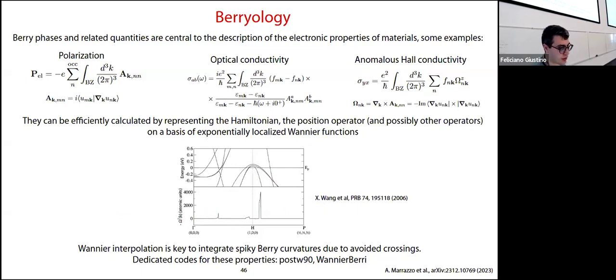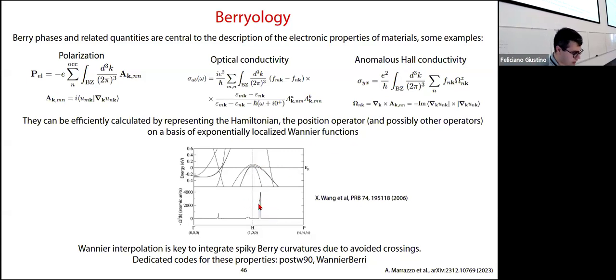So if you integrate the Berry curvature to get the anomalous conductivity, the contributions are essentially very well localized in k-space, and they are very difficult to sample. You need extra dense grids to sample these spikes, because they come from essentially avoided crossings. So sometimes you have crossings, maybe the crossings are split by spin-orbit coupling, and these small energy differences give you strong Berry curvatures.